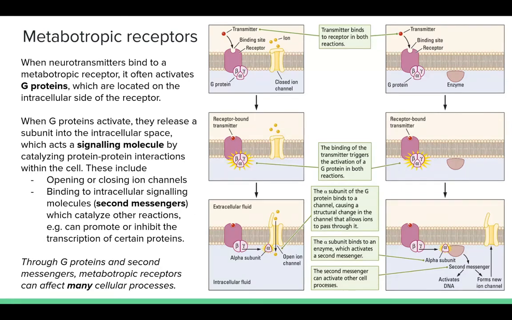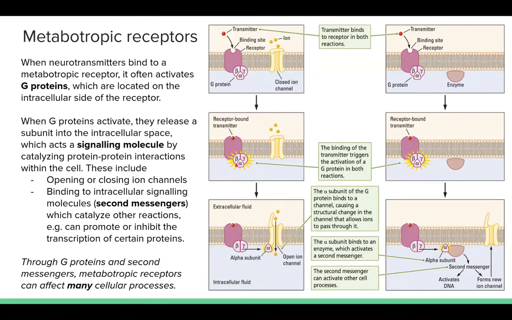Now, the book gives two basic examples of what happens when you activate a G protein coupled receptor. We'll start with the example on the left, and then we'll talk about the example on the right. So for some of these G protein coupled receptors, when neurotransmitter binds, we activate this G protein complex. Technically what happens is usually there's some sort of enzyme cascade that results in the phosphorylation of one of these G protein subunits.